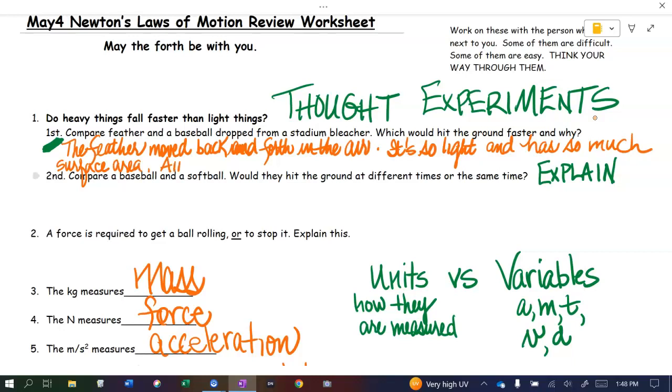Air resistance is an enormous factor. All right, baseball.